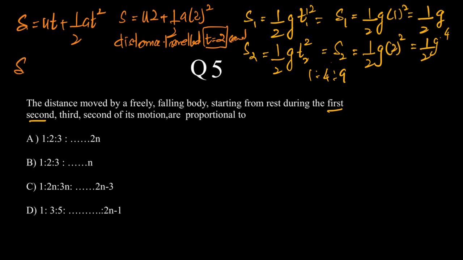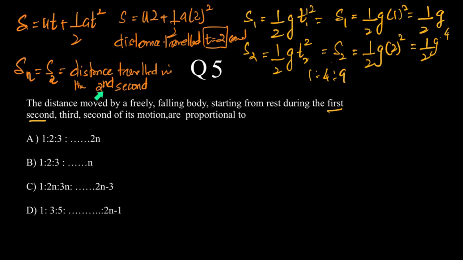But when you say S2, it means the distance traveled in the second second. So the distance traveled in 2 seconds, and the distance traveled in the second second, are different. Now, how are they different? We'll have a detailed look at that.